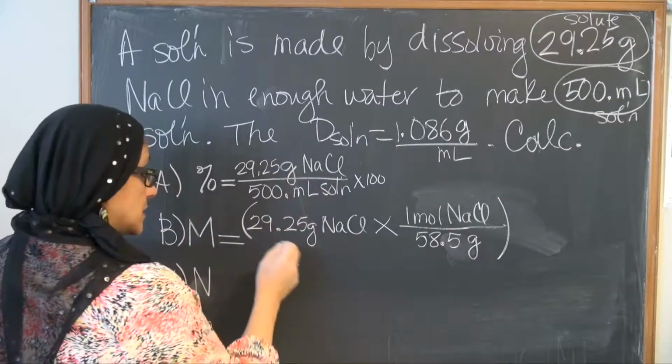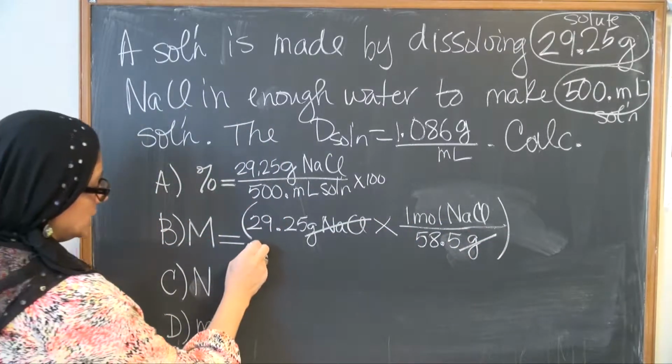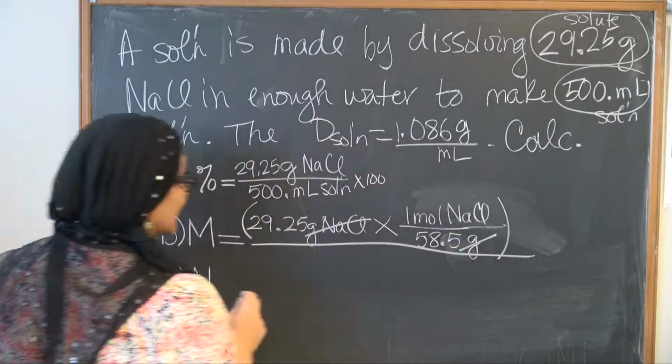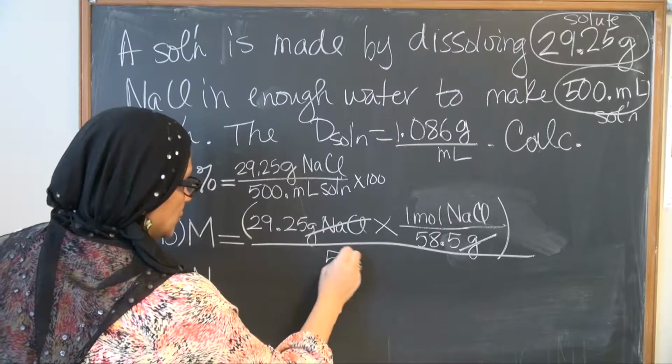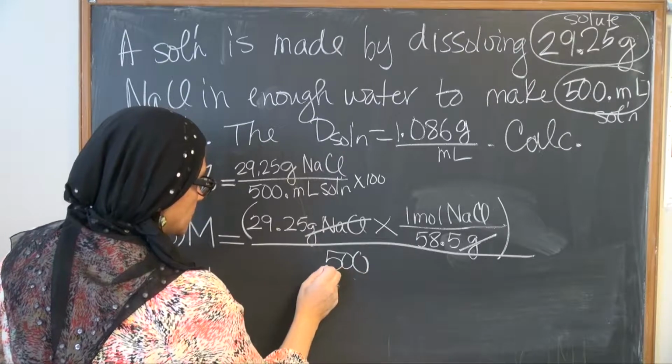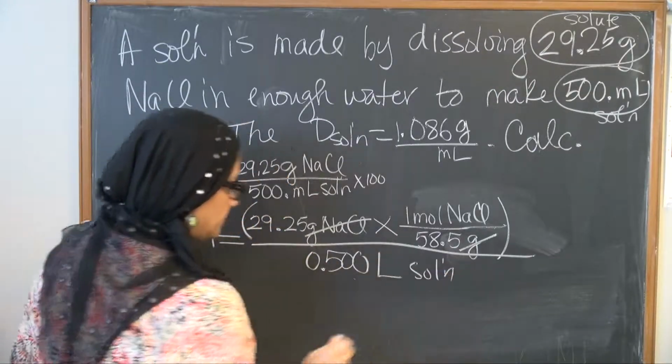So this now gets us to moles of sodium chloride, and we need to divide by the liters of solution. We have 500 milliliters, and if we move our decimal over 3 places, that gives us liter of solution.